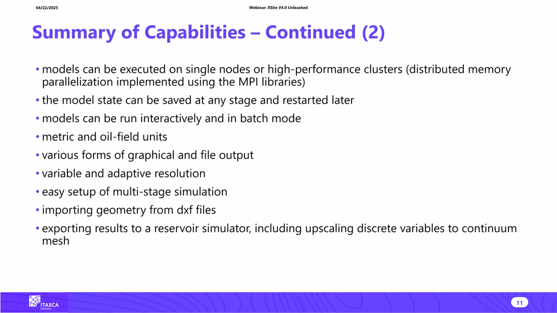Of course, during simulation, the model state can be saved at different stages, and those saved states can be used to review results during the simulation, but also to restart the model at a later stage. The model can be run fully interactively, but also in a batch mode, where all simulation steps are predefined at the beginning of the simulation, and then the code executes all steps automatically.